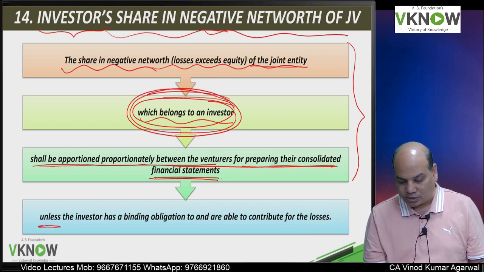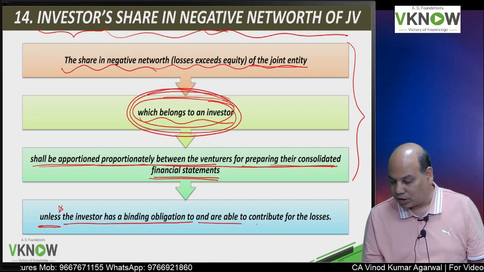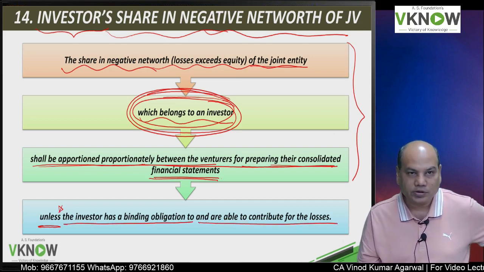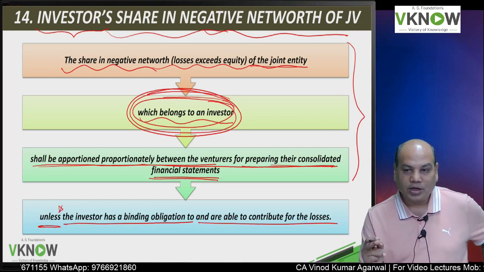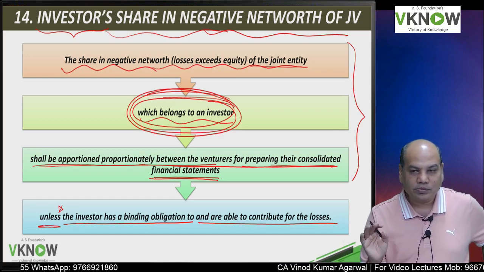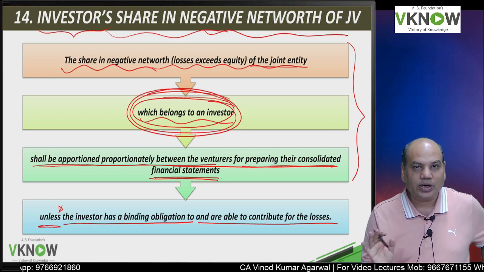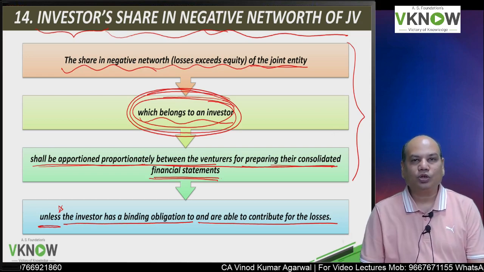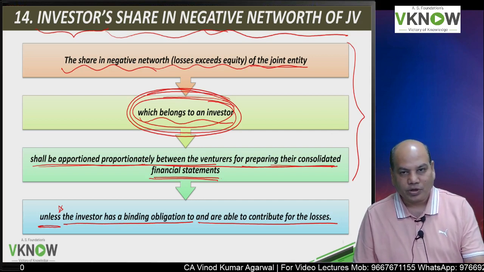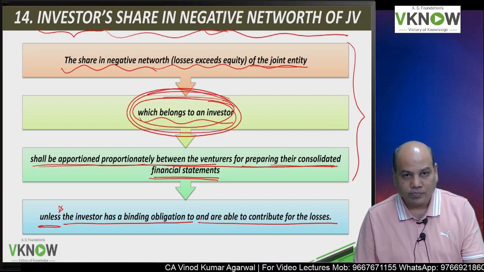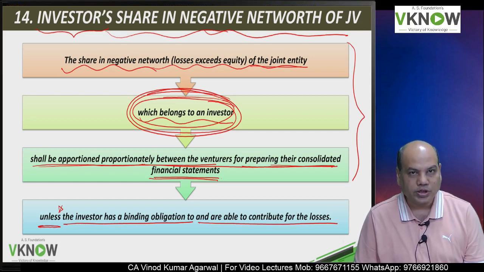But there is an exception: unless the investor has a binding obligation and is able to contribute for the losses. If the investor has made some kind of obligation and is able to make good the losses, then the investor's loss will not be recorded in the consolidated financial statements of the venturer. So, the summary is that if the investor has losses, they will be recorded by the venturers proportionately.